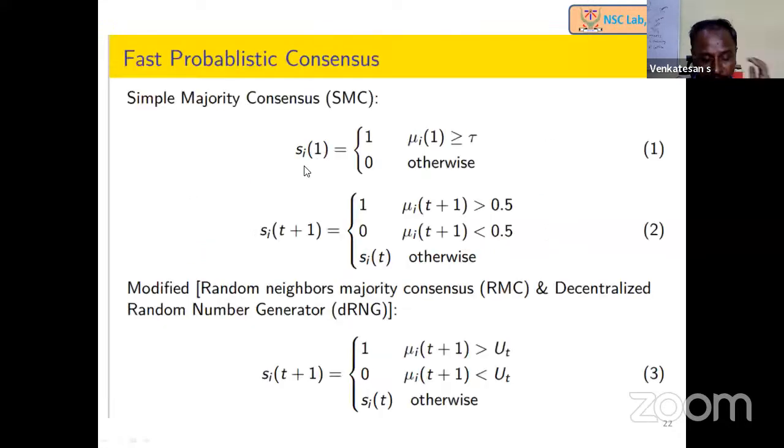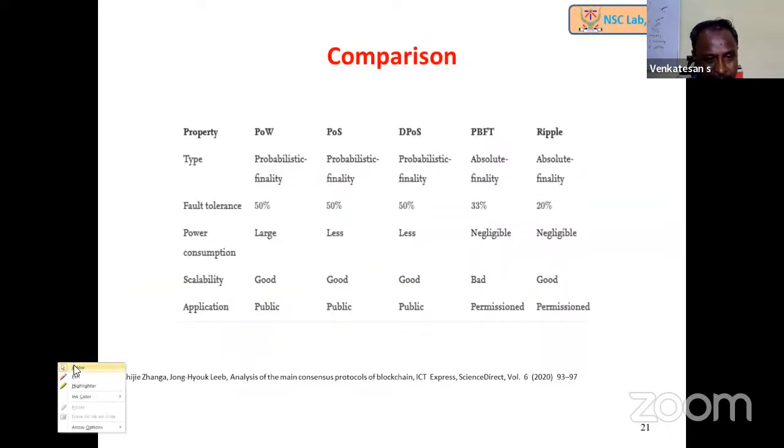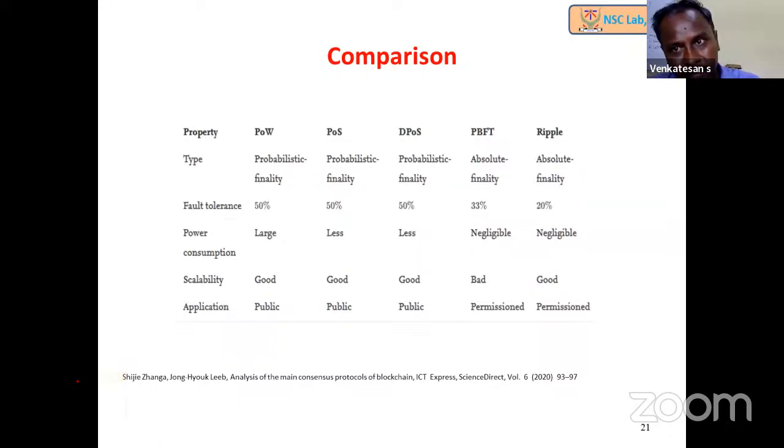So the comparison, if we see, there are different protocols: proof of work, proof of stake, delegated proof of stake, then practical Byzantine fault tolerance, and Ripple. We can see there are two kinds: probabilistic, and absolute.